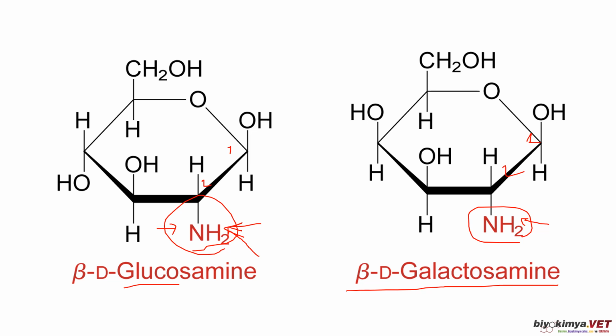Also remember that glucose is the most important molecule among carbohydrates for organisms, and its derivatives such as glucosamine are part of many structural polymers, not only for eukaryotic but also for prokaryotic organisms.